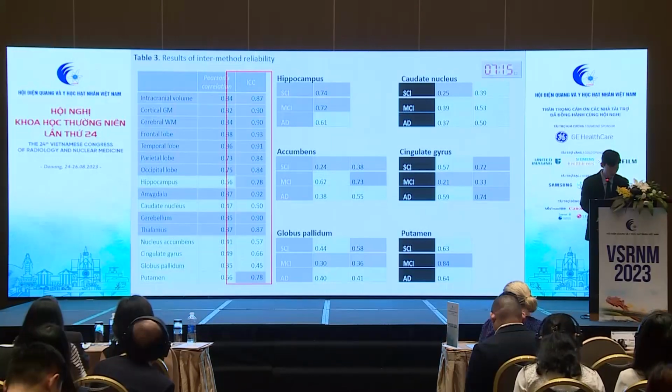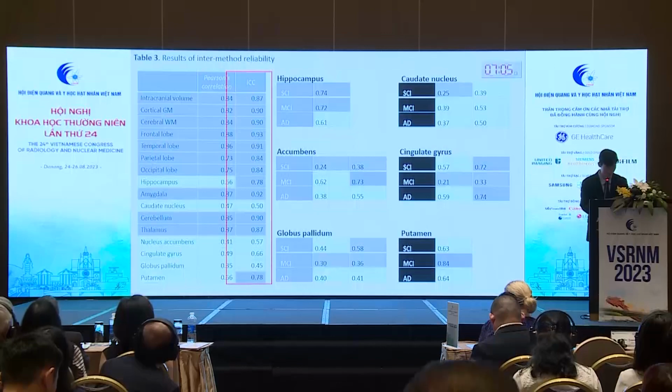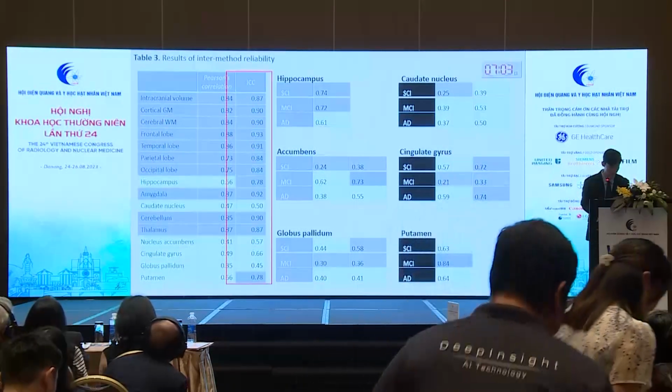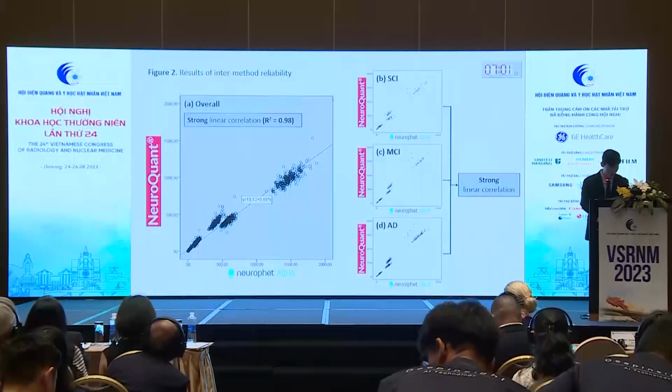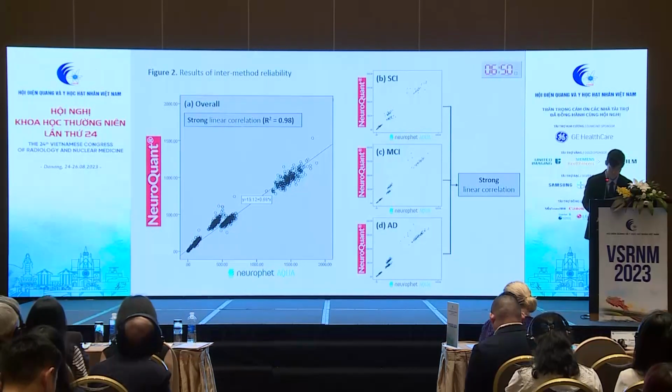In terms of intraclass correlation, most brain regions showed moderate to strong inter-method agreement, except statistically insignificant data, which were colored in gray. These figures showed inter-method reliability between 2 software and showed very strong linear correlation regardless of the clinical diagnosis. And AQUA showed larger volume than NeuroQuant overall.